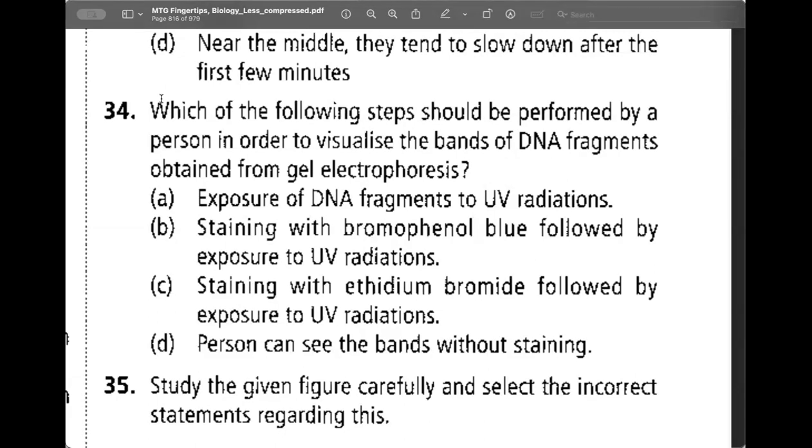Remember I told you DNA is coiled, so there are some regions where this ethidium bromide goes and binds. Then when you give UV exposure, that UV is absorbed by ethidium bromide and it gives a color. So it illuminates in the presence of UV. So basically what you see is ethidium bromide. You still can't see DNA, but you know that ethidium bromide is bound to DNA. So wherever there is ethidium bromide, there will be DNA. Make sense?